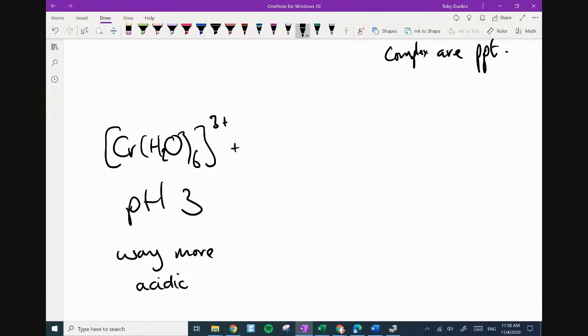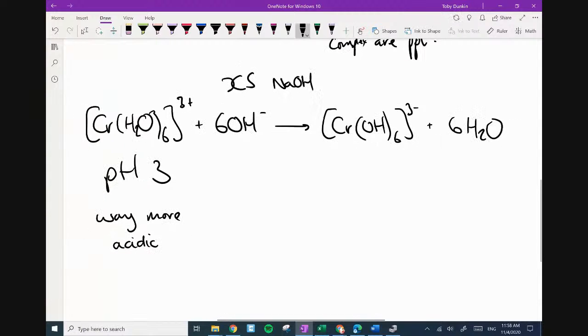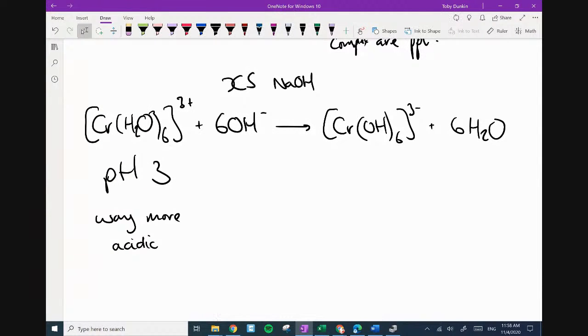So when we add excess NaOH, it reacts with all 6. And what now happens is we form the hexahydroxy chromium 3 complex. That's the reason why I don't like saying the word plus. Now, can I just point out, this is not ligand substitution.